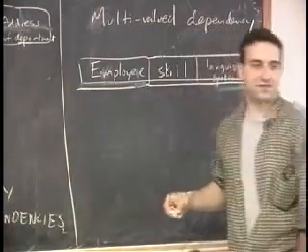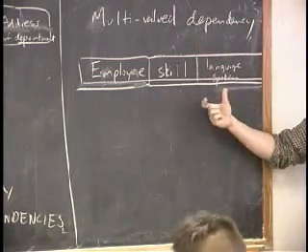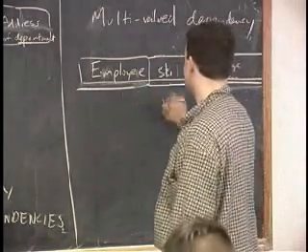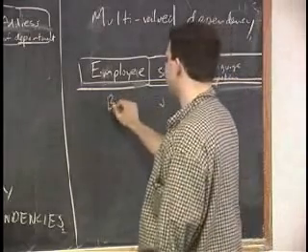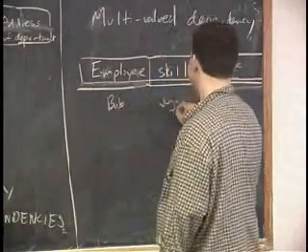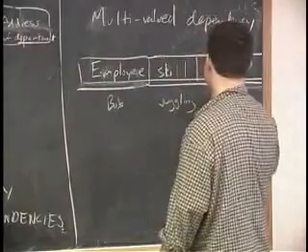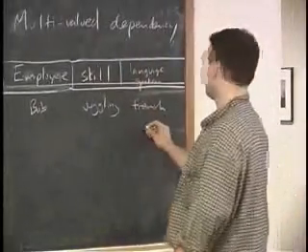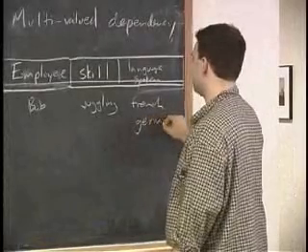So what am I going to do? I have to have a convention for how I'm going to deal with this. So let's say Bob can juggle and speaks French, but also speaks English or German. I don't know. What do you do here?